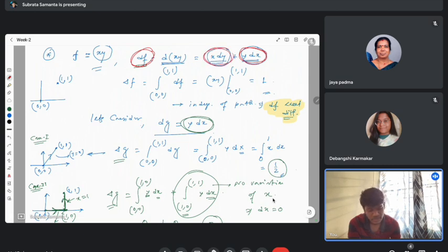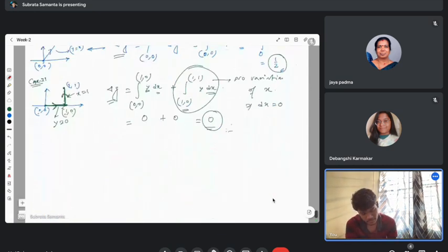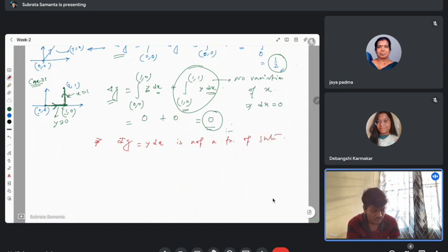But the combination x dy plus y dx is a function of state. If something is not a function of state, then the differential is written with a bar, to differentiate functions of state from non-functions of state. So d bar q is y dx, which is not a function of state.